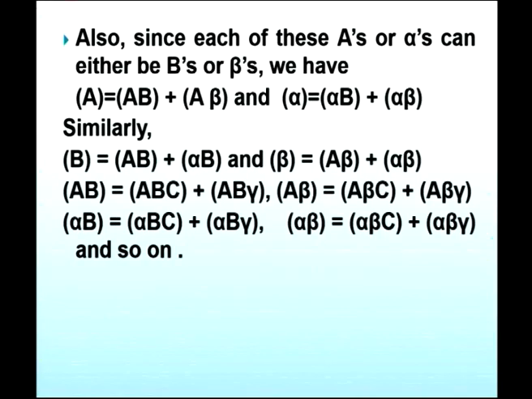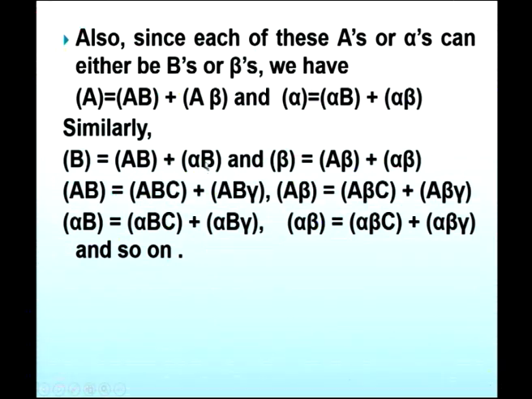What is that? A can be represented as possession of AB plus A beta. Similarly, alpha can be represented as alpha B plus alpha beta. Then similarly, B can be represented as AB plus alpha B. AB is possession of attribute A along with B, and alpha B represents possession of not A but B is present.